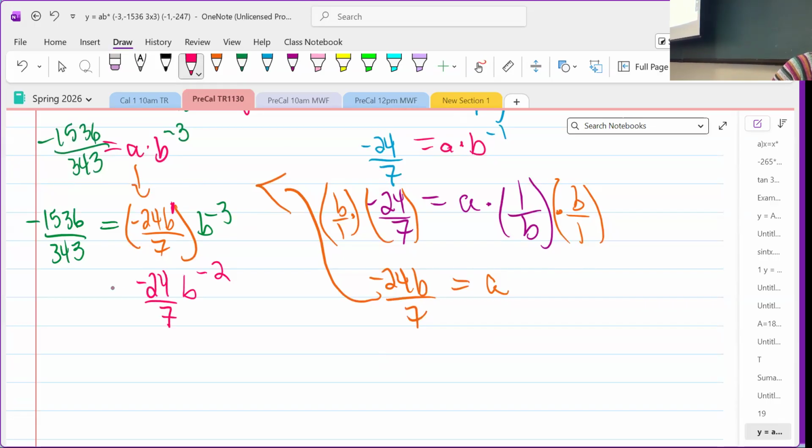And then I still have all the other crazy numbers. So to start getting b by itself, I've got to get rid of that negative 24/7. That is being multiplied to the b to the negative 2. So I'm going to multiply by the reciprocal, so 7 over negative 24.